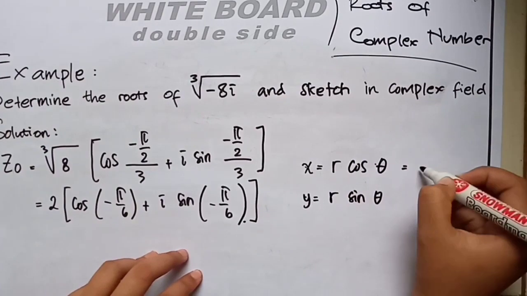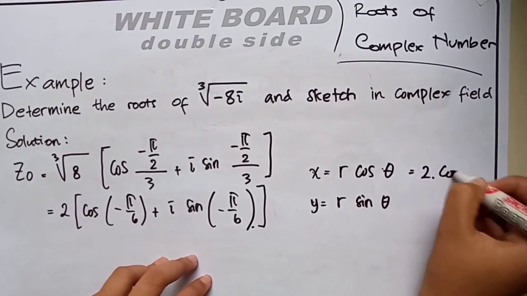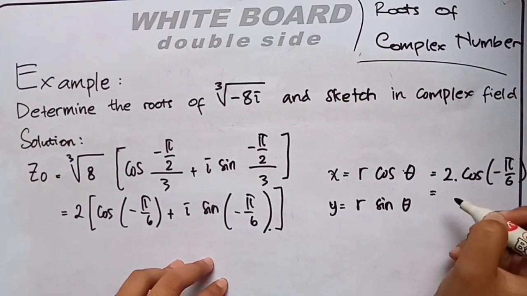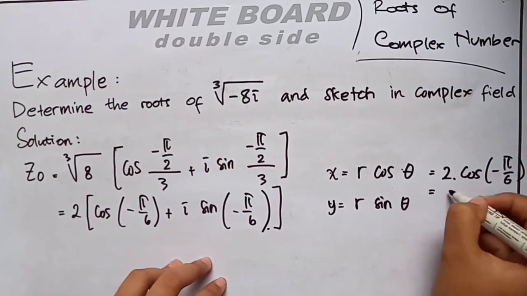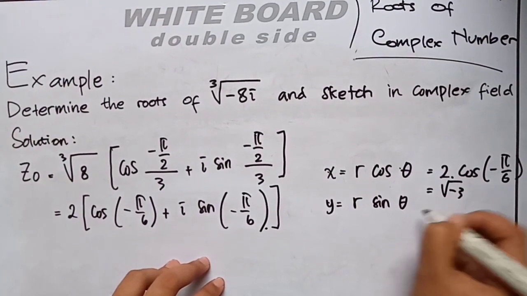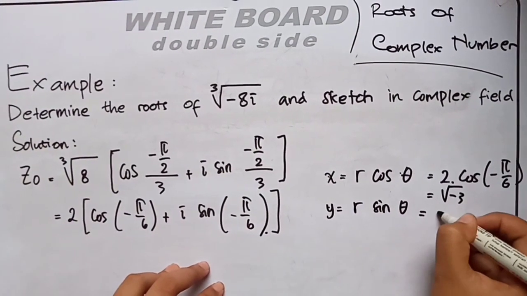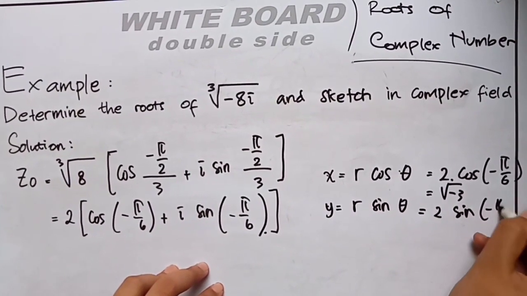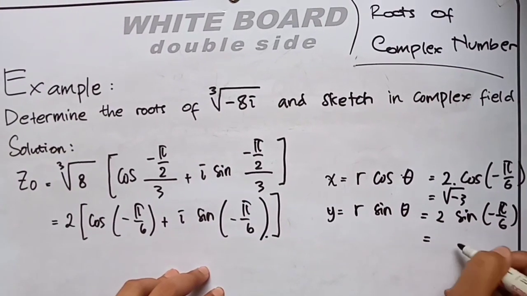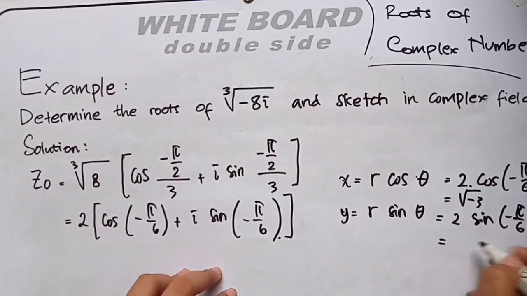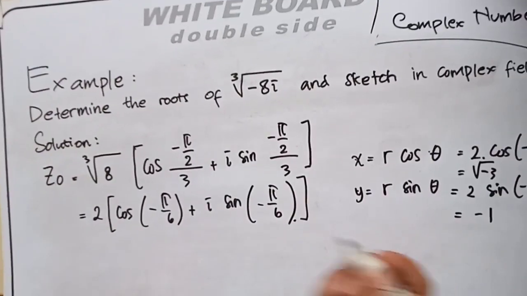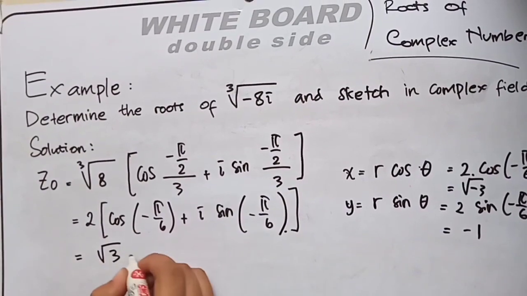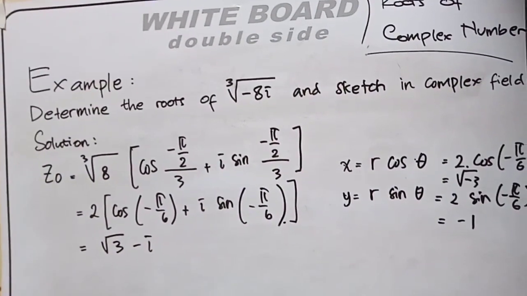So r is 2 and cosine of negative pi over 6, and then it will be square root of 3, and for this one it is 2 times sine of negative pi over 6, and it will be negative 1. So it will be square root of 3 minus i.